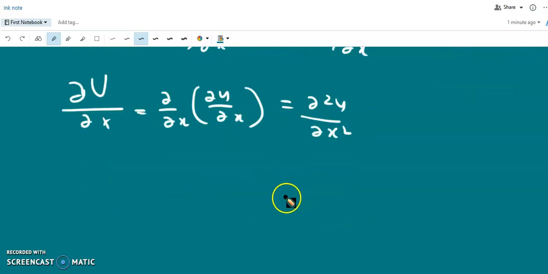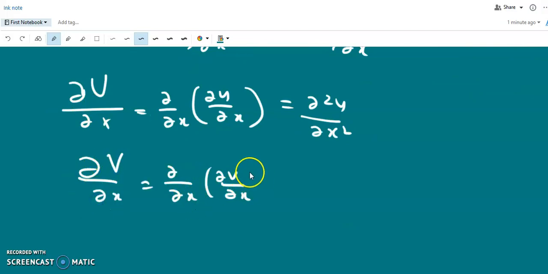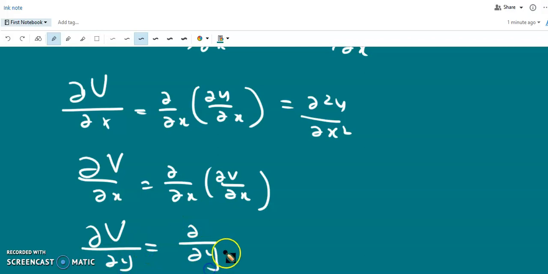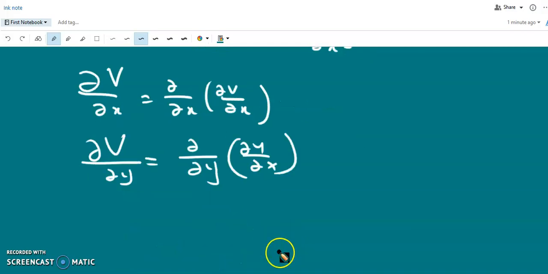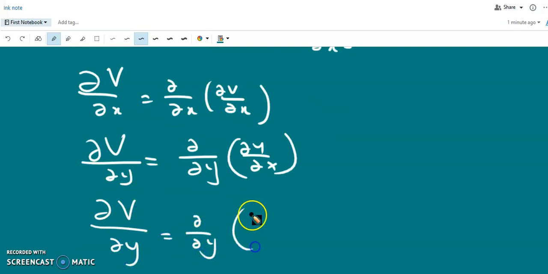Similarly, dou capital V by dou x is equal to dou by dou x of dou v by dou x. And dou capital U by dou y is equal to dou by dou y of dou u by dou x. And dou capital V by dou y is equal to dou by dou y of dou v by dou x.